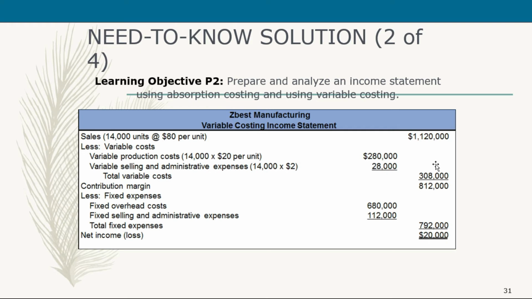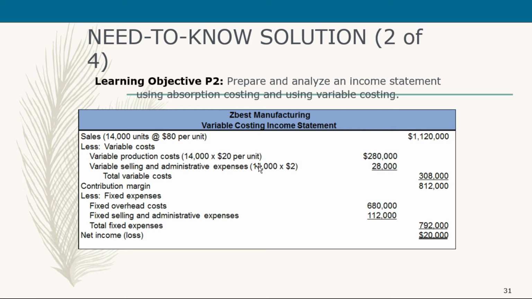And now we deduct your variable cost. Your variable cost here has two components. One pertains to your production cost, and the next one pertains to your selling and administrative expenses. For the production cost, we multiply the units produced by the product cost per unit under variable costing of $20 per unit.